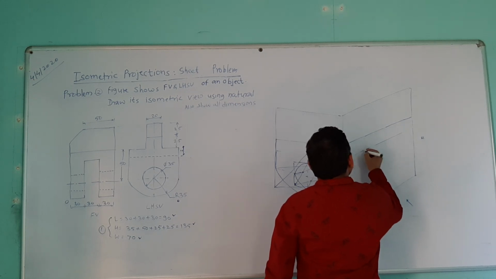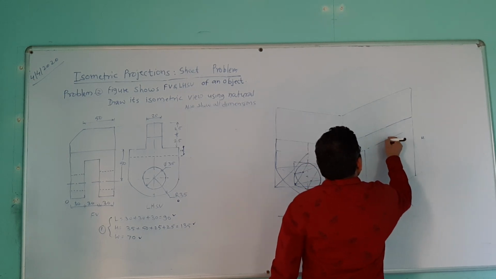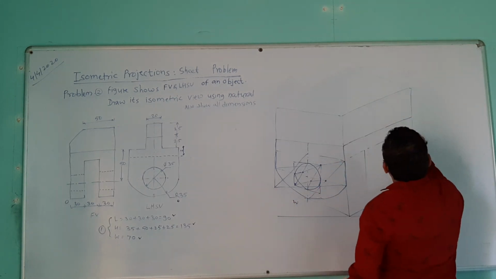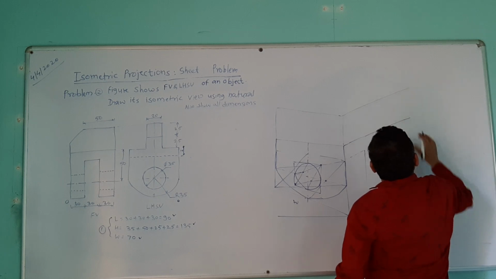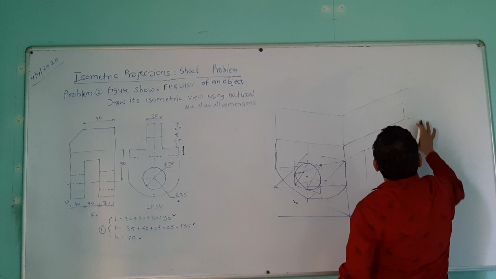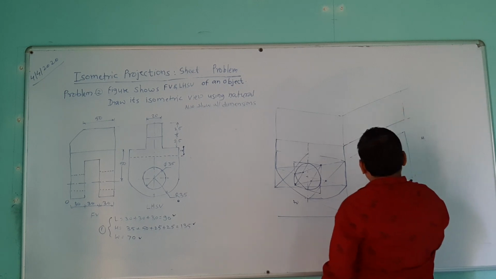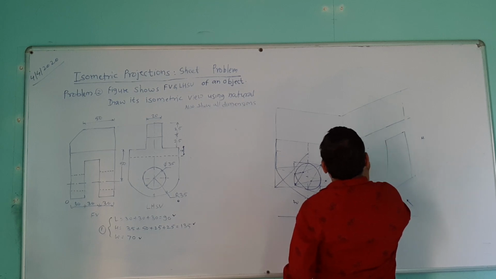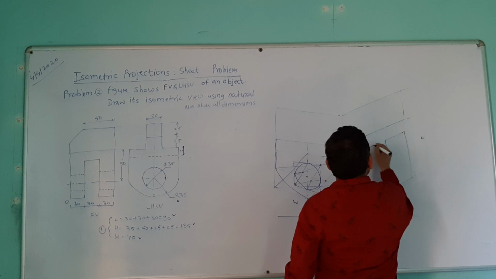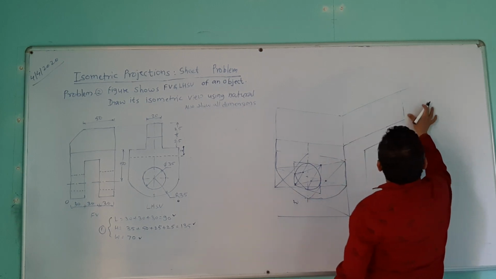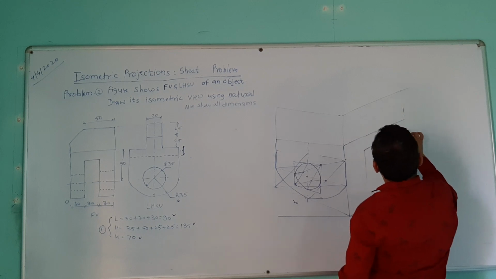30 mm, second 30 mm, and this one is the, you can say, third. Okay, so third 30 mm like this, and so this is not there, this is there, and this gap.